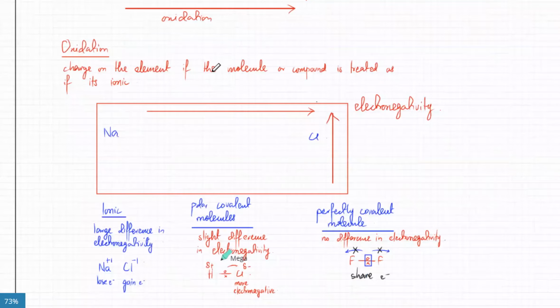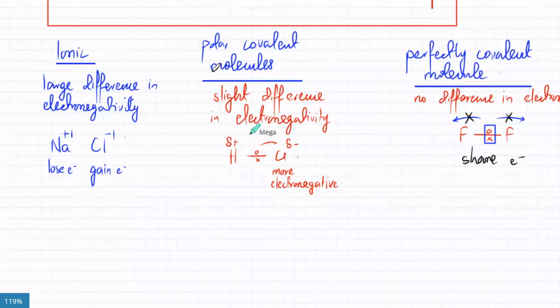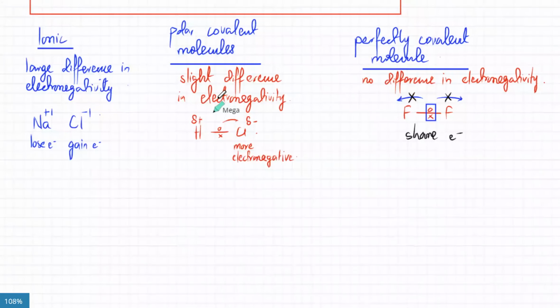Now over here, especially in molecules, we don't really care whether they're gaining electrons just very slightly. For example, over here, Cl is only attracting those electrons partially. Like it's not able to pull those electrons completely towards itself.